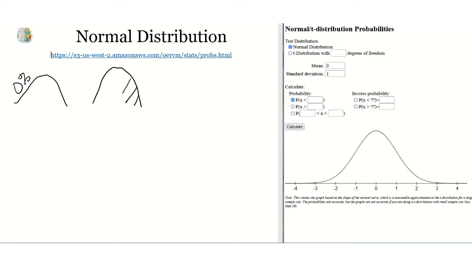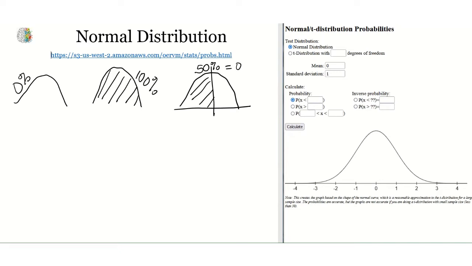If my graph is completely shaded, that's going to give me a 100% probability. And if my graph is partially filled, that's going to give me a portion. So if it's halfway full, that's going to be a 50% probability. And on this graph, that's going to be represented by a decimal.